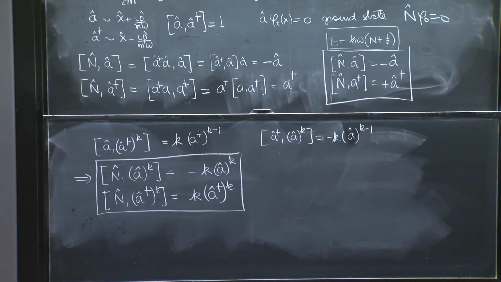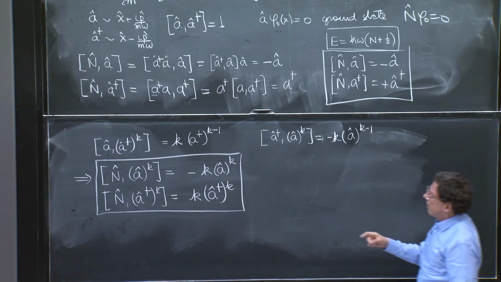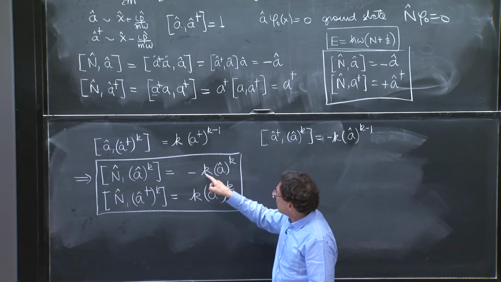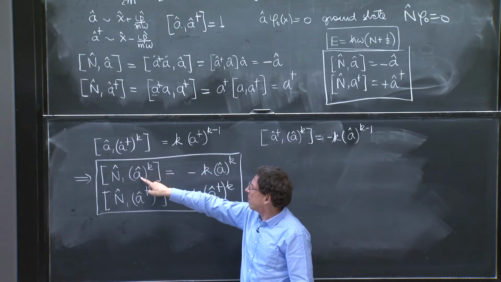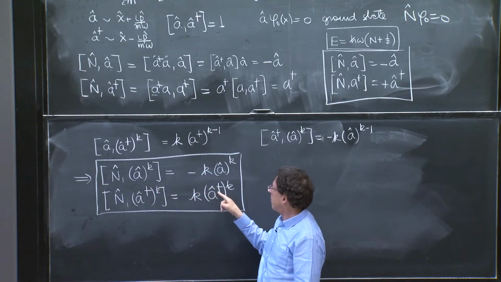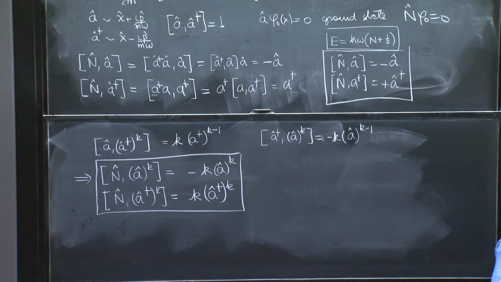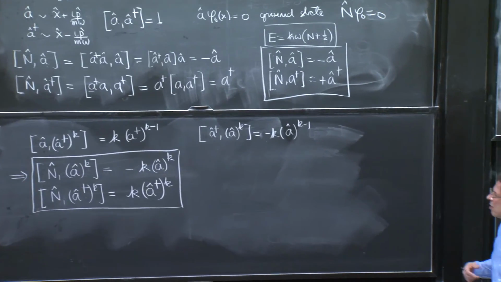N with a string of A's gives you the same string but with a number, and with a collection of A daggers gives you the same collection of A daggers with a number. The number happens to be the number of A's or the number of A daggers. That's the reason it's called the number operator, because the eigenvalues are the number of creation operators or the number of destruction operators.